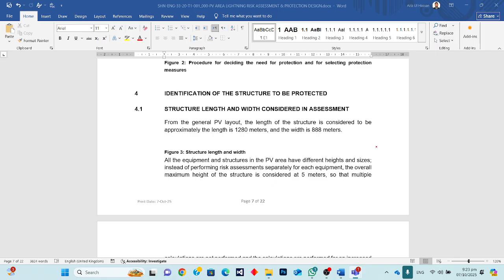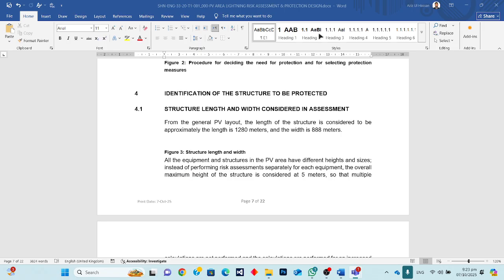So we have considered the highest height. For the others, we don't need to consider lightning protection, because if this criterion is satisfied, they are all protected in that zone from lightning flashes.